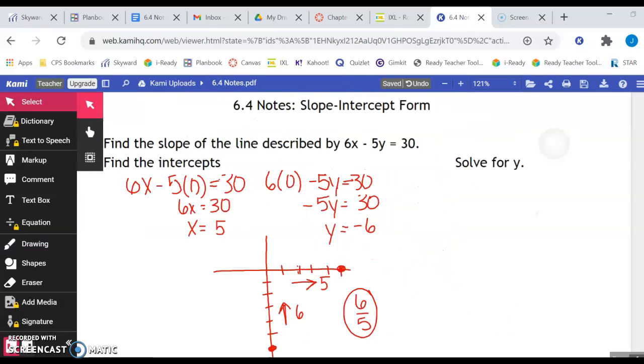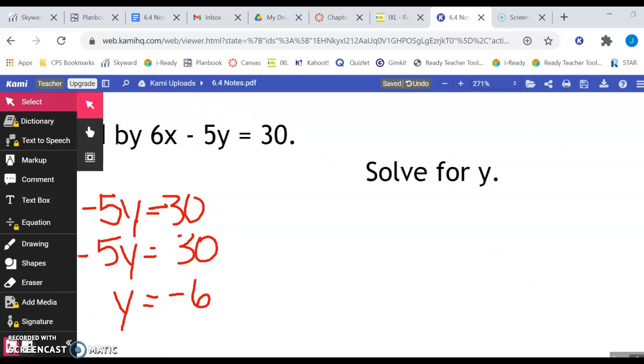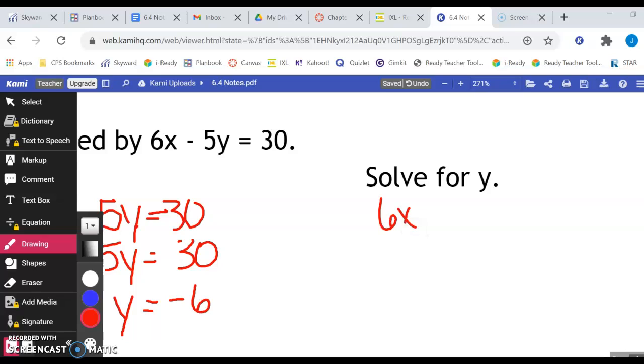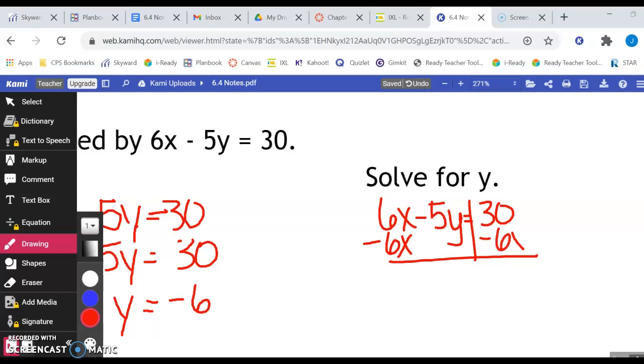Now the other way we could do this is we could take this equation and solve it for y. So we could have 6x minus 5y equals 30. And we have to move the x to the other side. So we're going to subtract that whole chunk. So we would be left with negative 5y, and make sure you pay attention and bring that negative sign down with that.